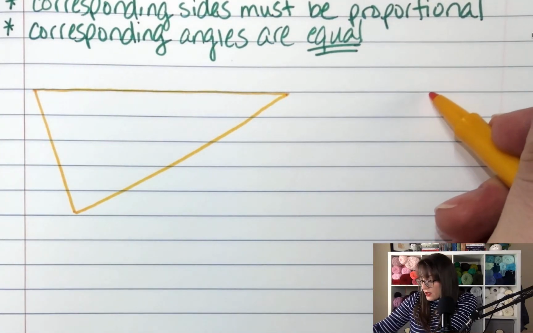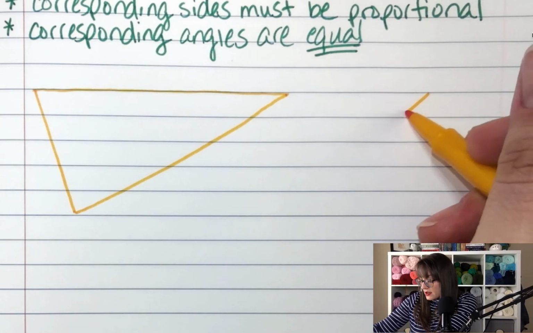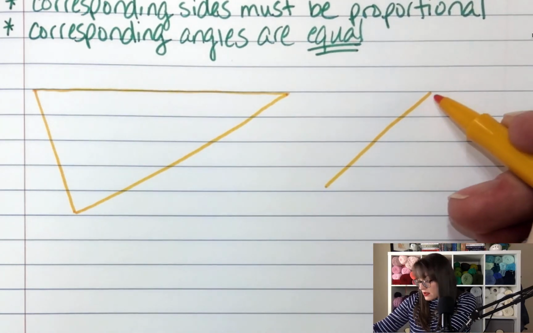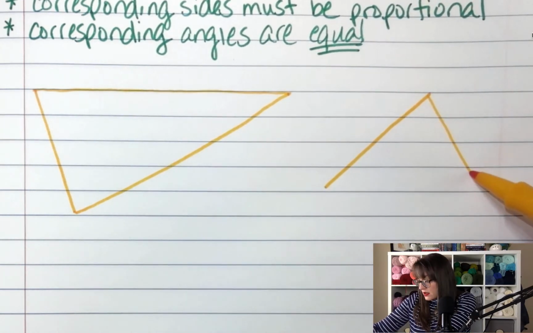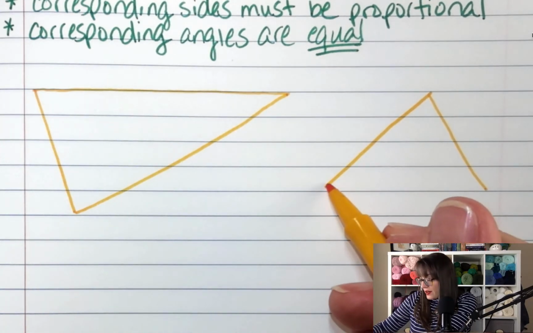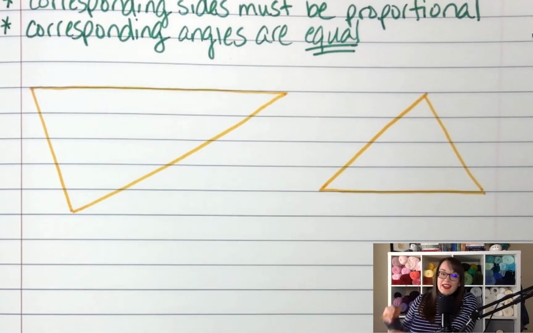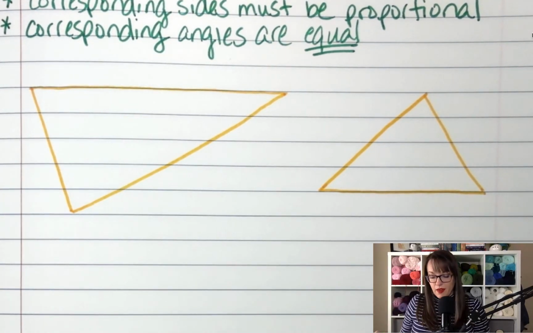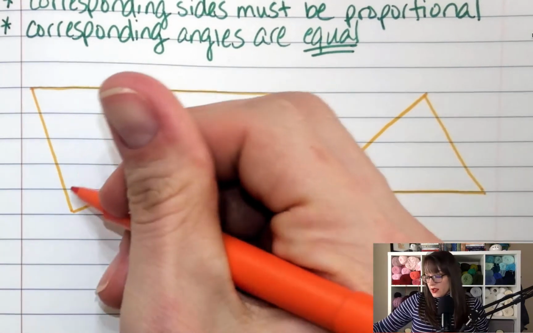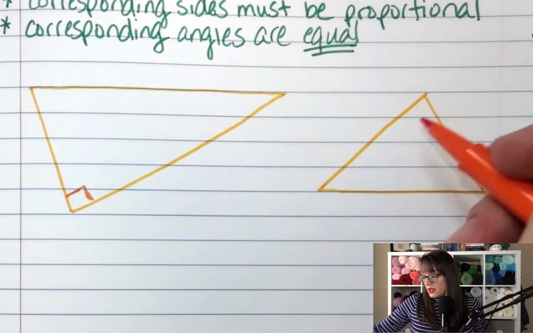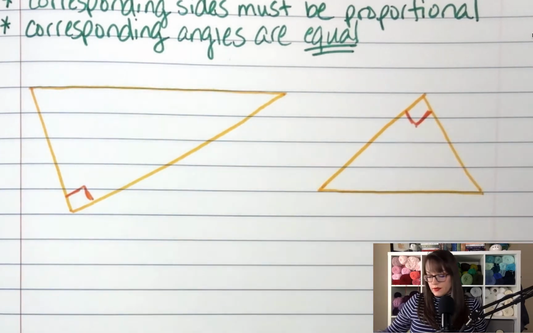And then the other right triangle is going to look like this. Mine are not perfect, so don't look at the picture. I'm not a computer. All right, so draw your two triangles. Now, when we label the triangles, this is a 90-degree angle, and this is a 90-degree angle.